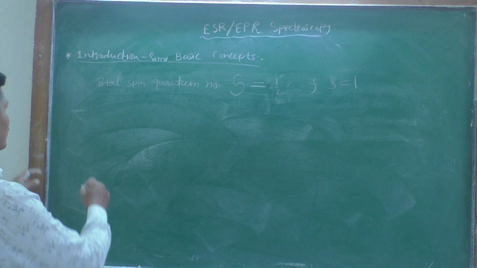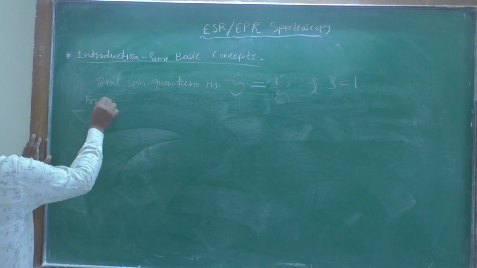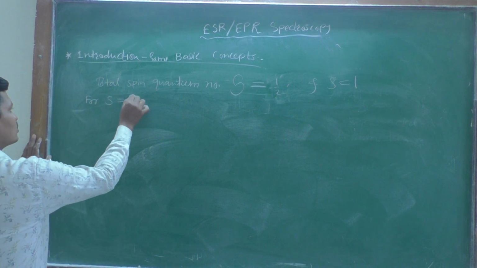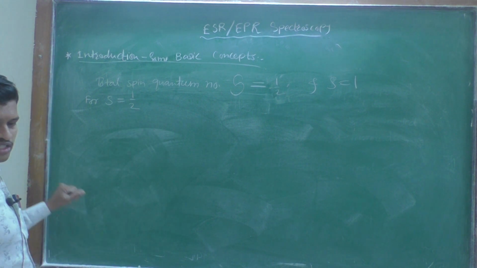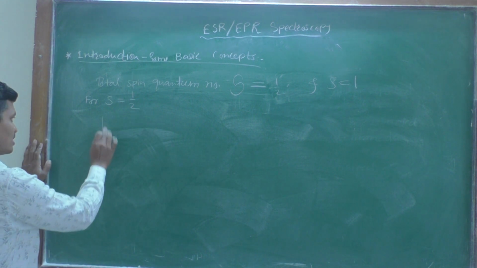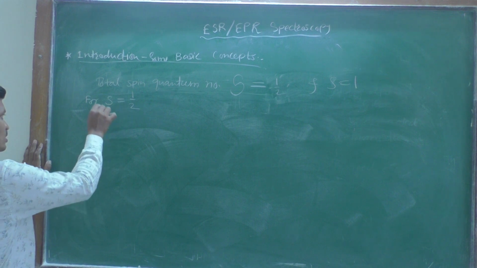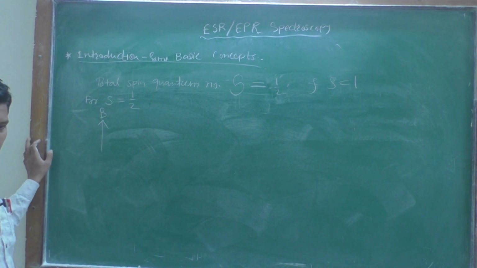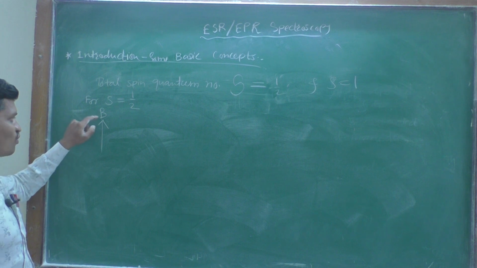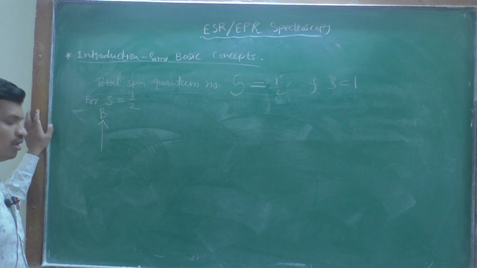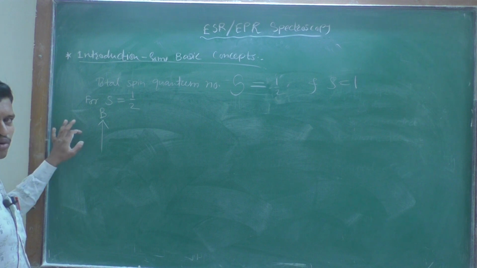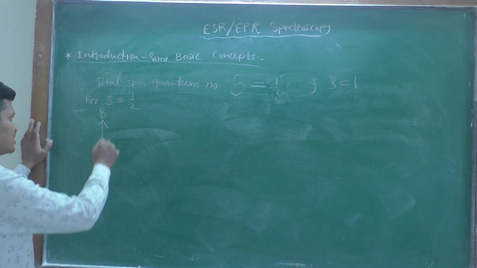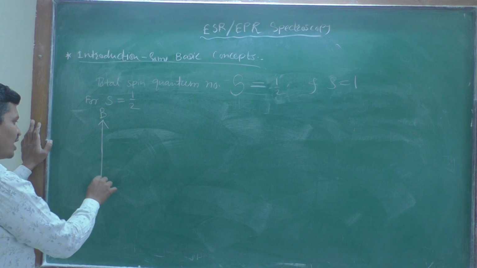So for s equal to 1/2, the situation is like this. This is B, which stands for the applied magnetic field, the strength of the magnetic field.